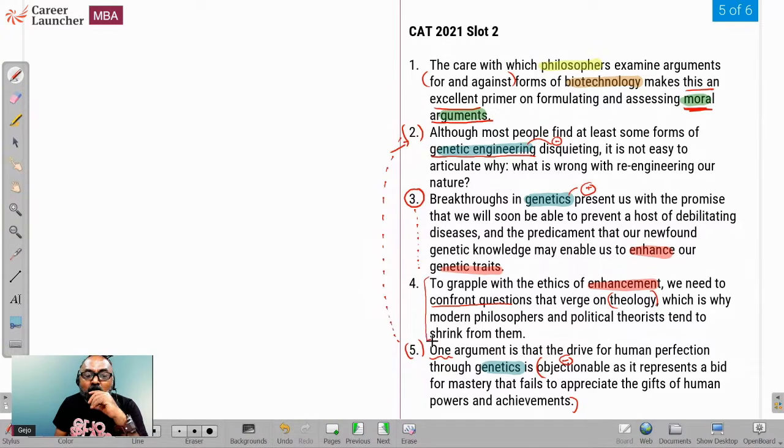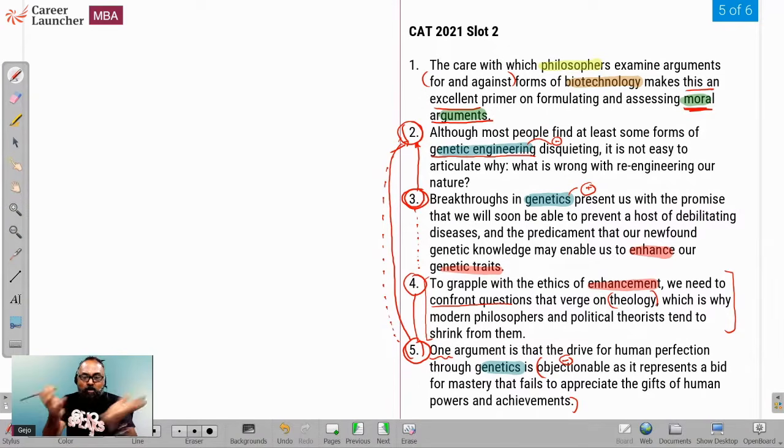Maybe this comes towards the end. Maybe, or probably this can start with genetics. So some people have got certain issues, right? And we have got one argument is genetics objectionable, but to grapple with the ethics of these things, we have to confront a lot of questions. That could be a way in which it's connected.